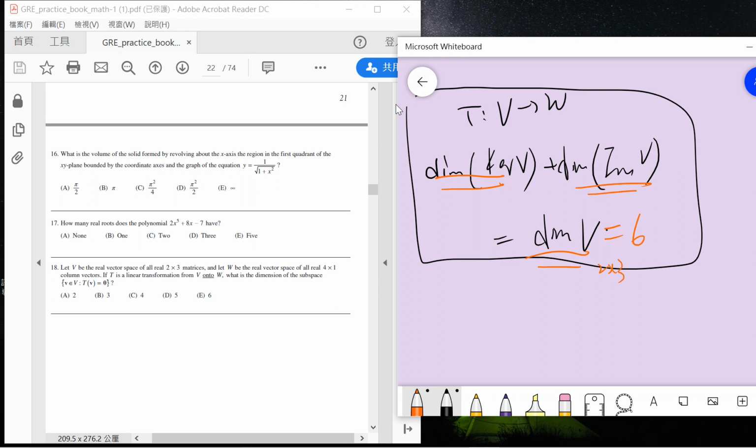Notice that the image of V is W, because it says that the map is onto. So that dimension is 4 times 1. So the dimension of the kernel is 2. So we choose A.